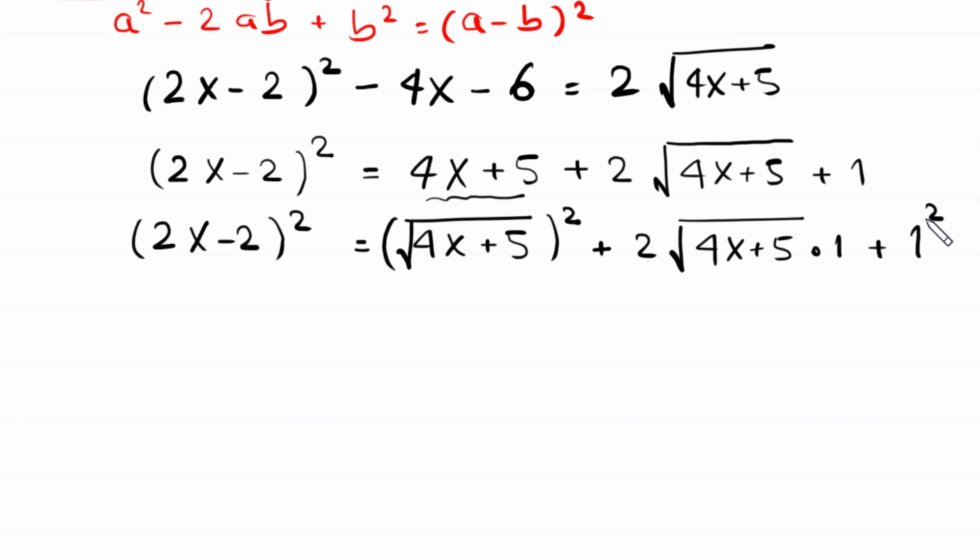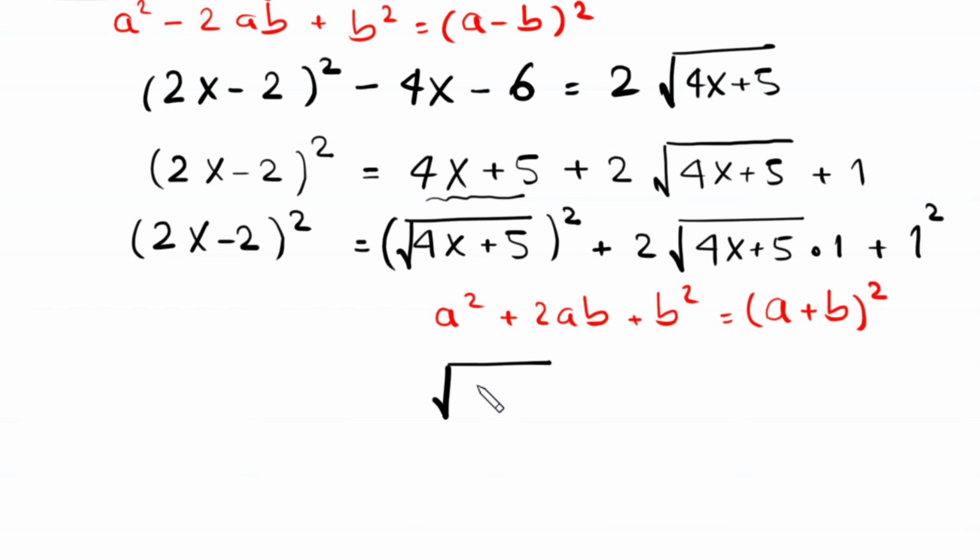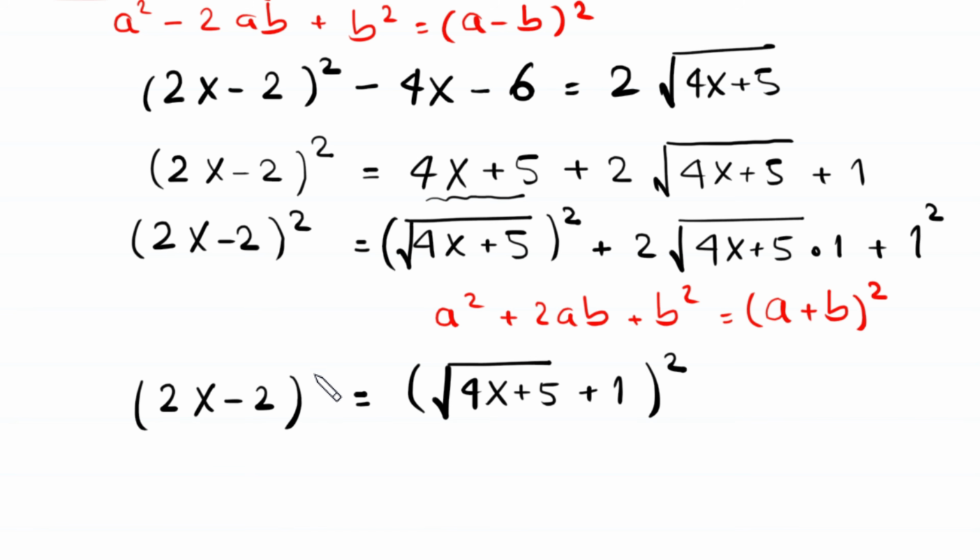By using this algebraic identity, a squared plus 2ab plus b squared equal to a plus b whole squared, this right hand side will become root 4 times x plus 5 plus 1 whole squared equal to 2x minus 2 whole squared, and from here we take square root of both sides.